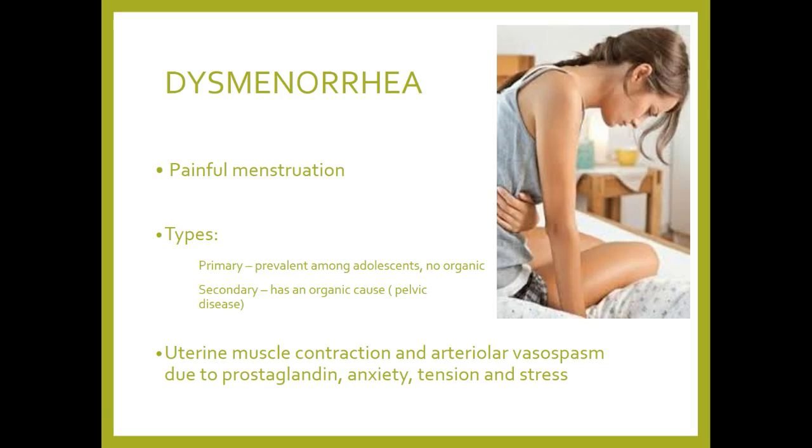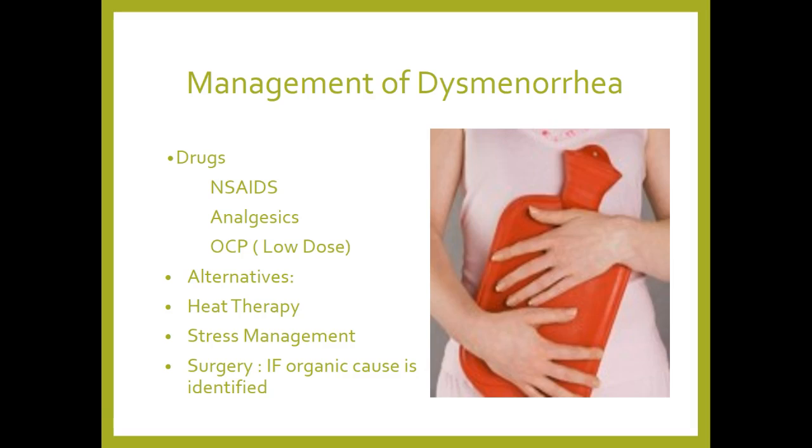How do we manage dysmenorrhea? The big one is NSAIDs, right? So Motrin, analgesics such as Tylenol. Also, low-dose birth control pills will also help. Heat therapy, so heating pads, stress management.